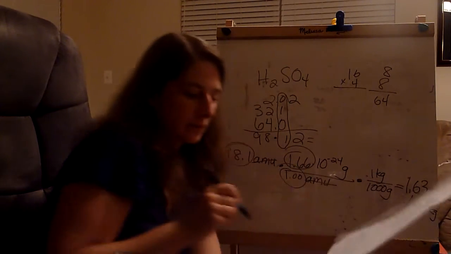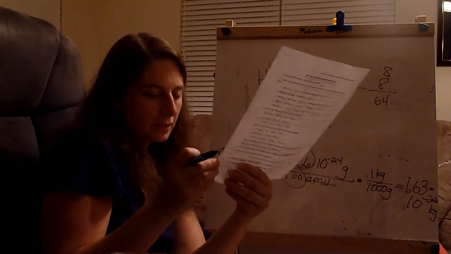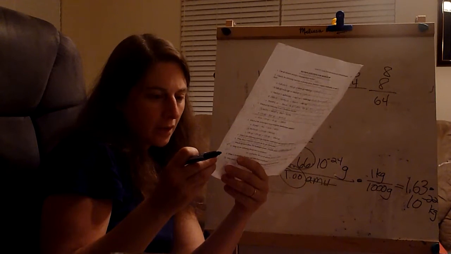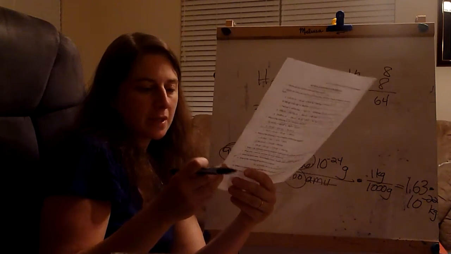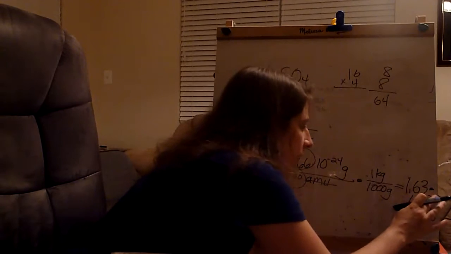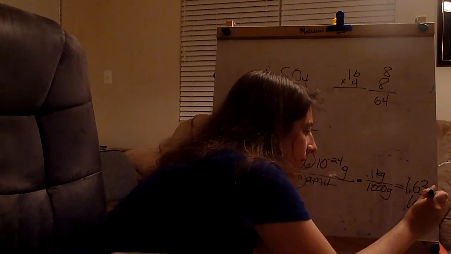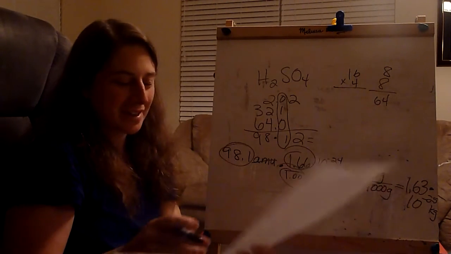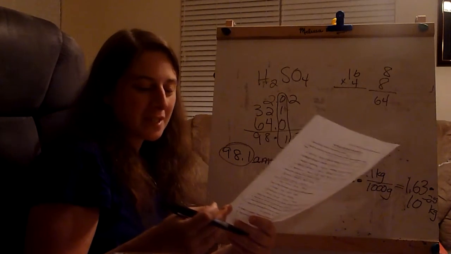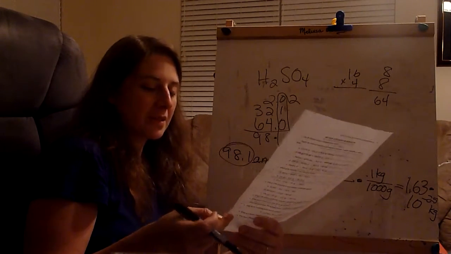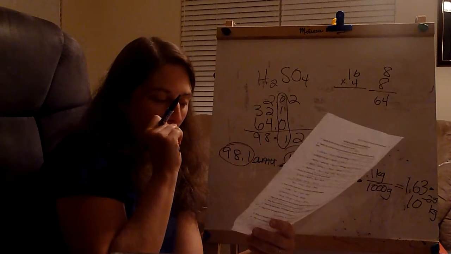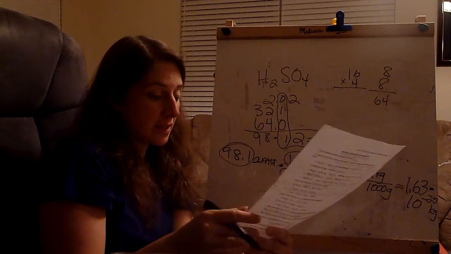Kilograms. Oh wait, that's kilograms. Okay. Ooh, negative 25. Sorry, it's late. My eyes are getting tired. 1.63 times 10 to the negative 25 kilograms is the mass of one molecule of sulfuric acid.